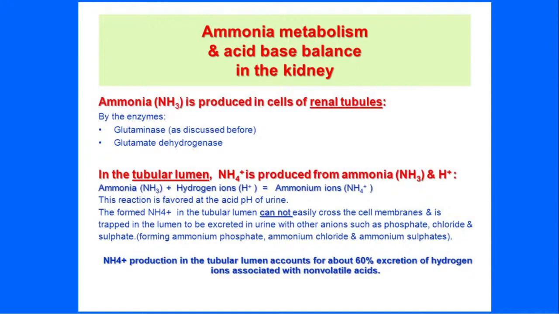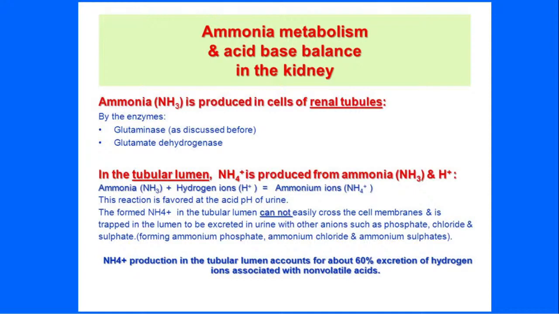NH4+ in the tubular lumen cannot easily cross the cell membranes, and it is excreted in urine with other anions such as phosphate, chloride, as salts of ammonia, ionized, forming ammonium phosphate, ammonium chloride, ammonium sulfates.